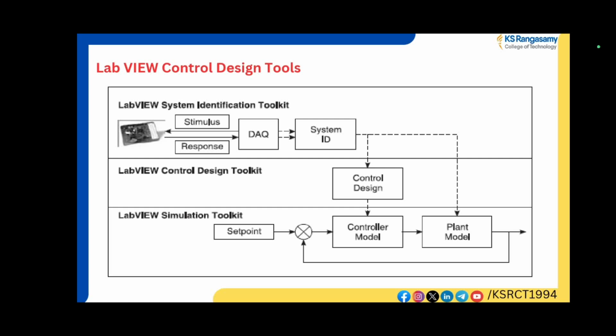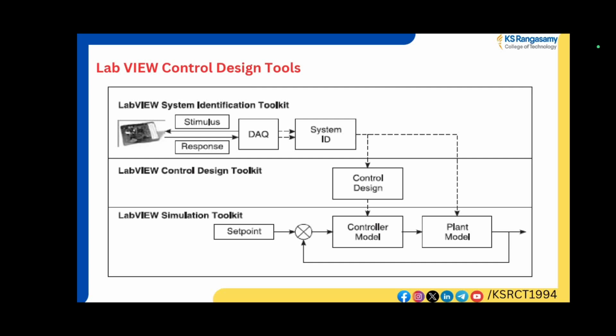The next one is LabVIEW control design tools. The LabVIEW control design tools are mainly used for control applications. We have three types of control design tools. The first one is the LabVIEW System Identification Toolkit. The second one is the LabVIEW Control Design Toolkit. The third one is the LabVIEW Simulation Toolkit.